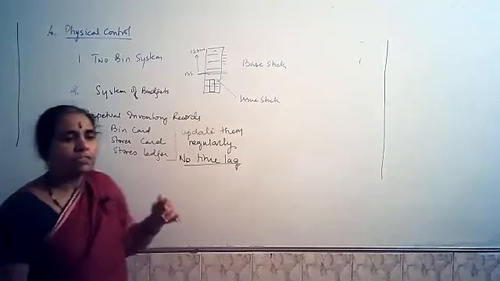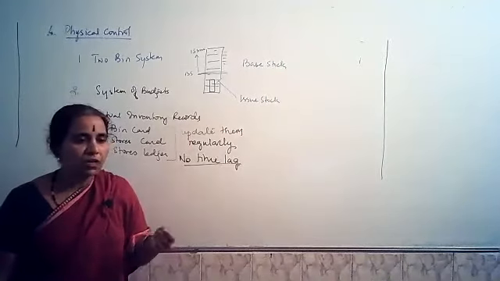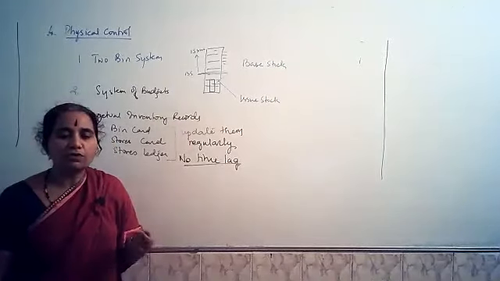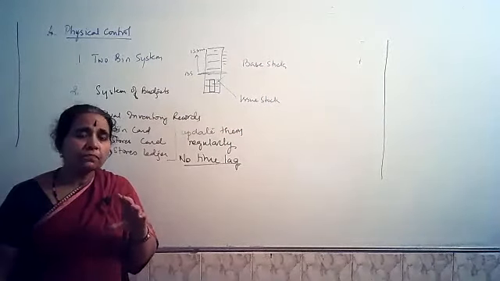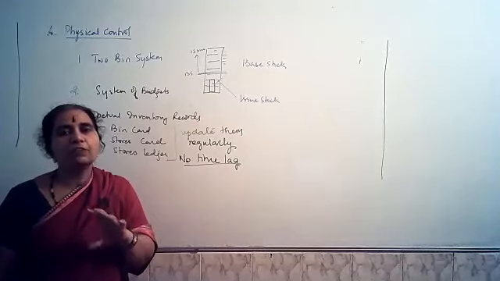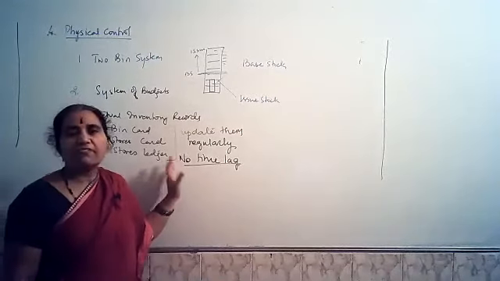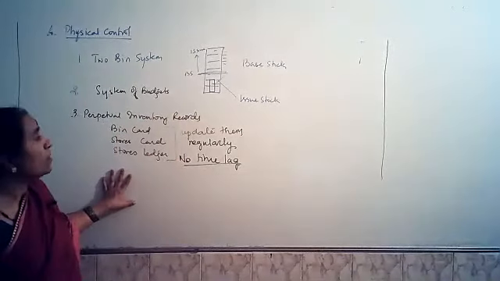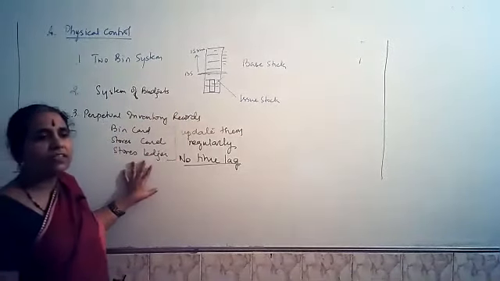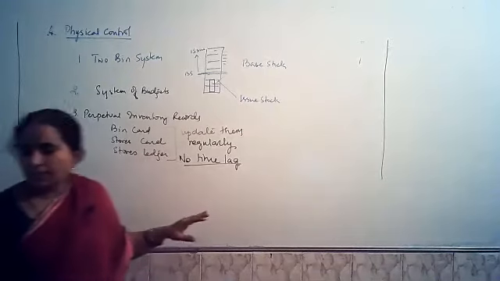Let's say a purchase manager comes to the stores and wants to find out, for a particular product A, how much stock there is and what the present scenario is. He can look at the records and find out the level of stock held at the organization. This is what perpetual inventory records are.